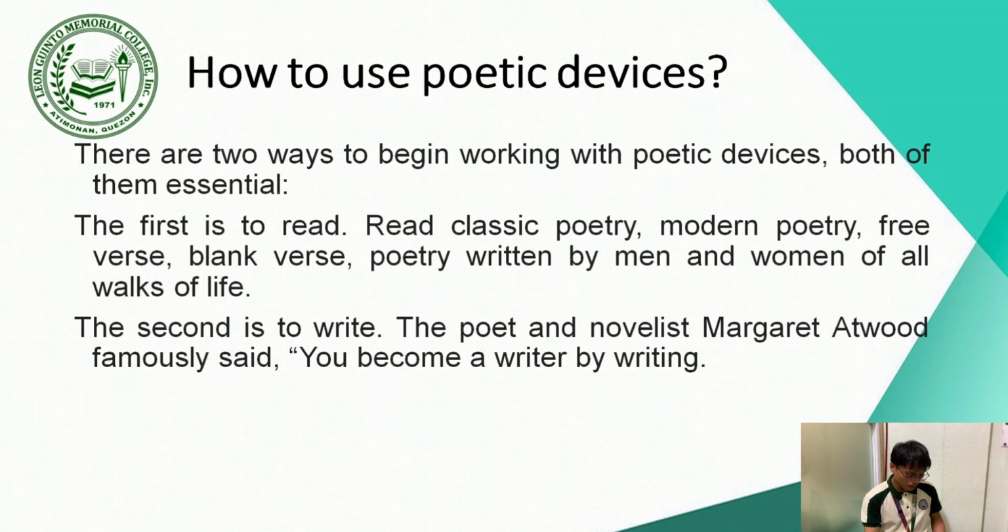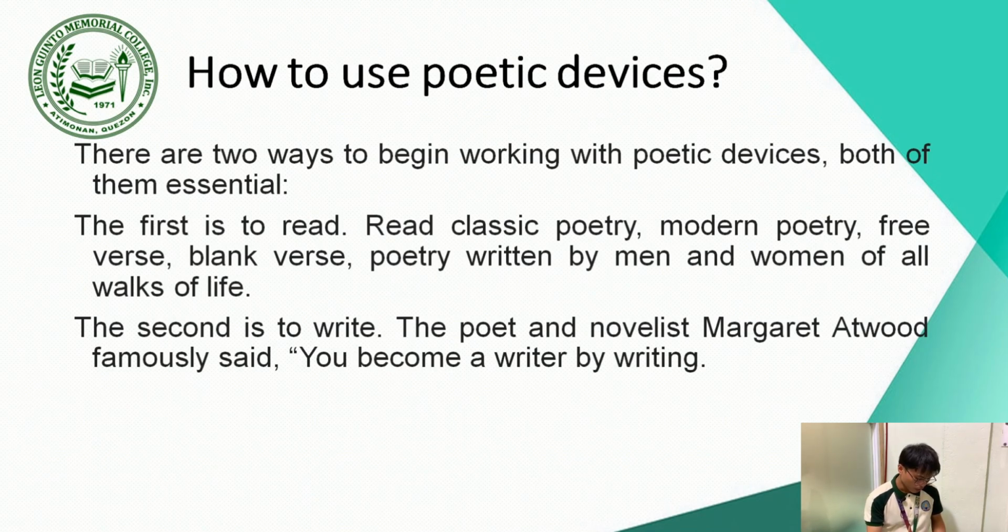Okay, so there are two ways to begin working with poetic devices. Both of them are essential. The first is to read. Read classic poetry, modern poetry, free verse, blank verse, poetry written by men and women, from all walks of life.